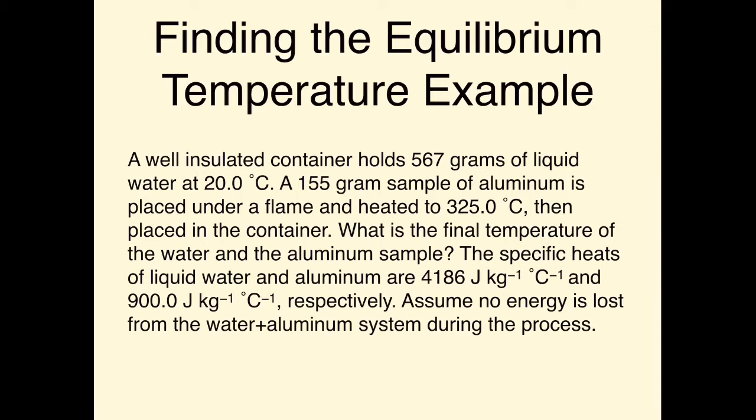What is the final temperature of the water and the aluminum sample? The specific heats of liquid water and aluminum are 4,186 and 900 joules per kilogram per degree Celsius, respectively. We're going to assume that no energy is lost from the aluminum plus water system during this process. Okay, so let's try to work this out.